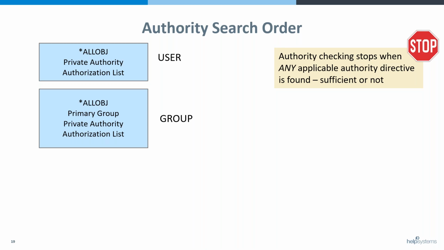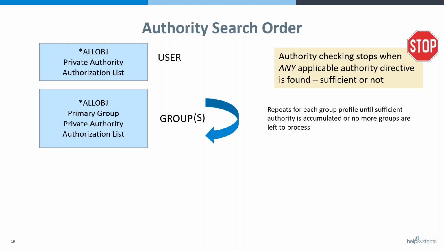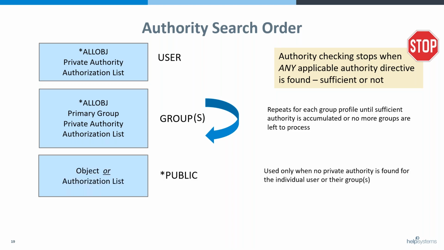If we still have not yet determined how much authority the user has at a group level, then we're going to check every group in that cumulative inclusive OR way that we talked about. And we're going to add up any authorities that the groups have, or we're going to determine that there's no more groups left to process. And if I'm still left hanging, I don't know how much authority the user has still, then I fall into the third and arguably final specific layer, which is referred to as public.